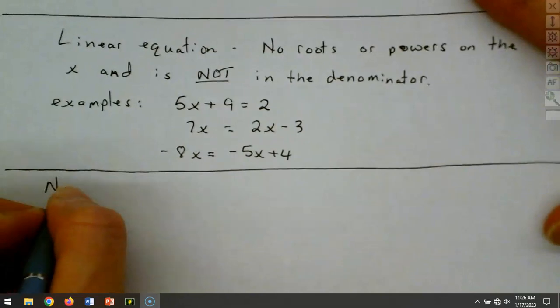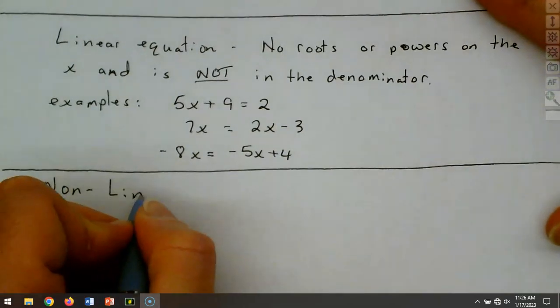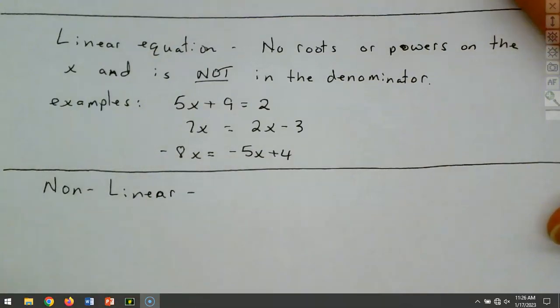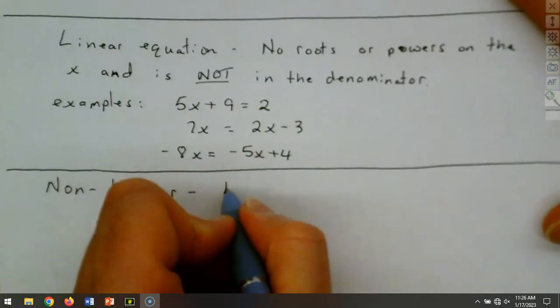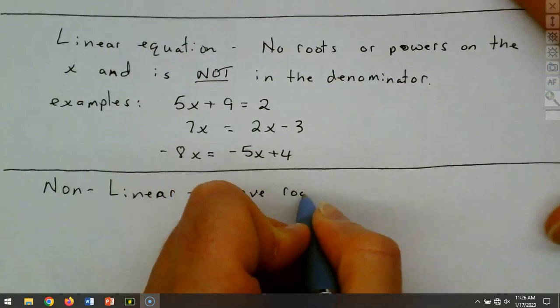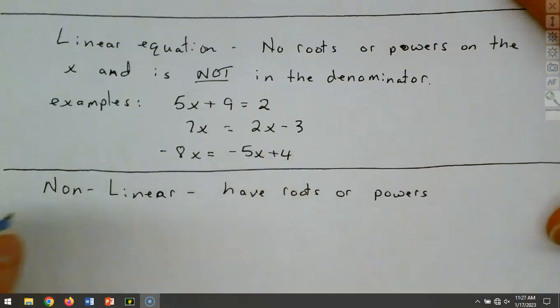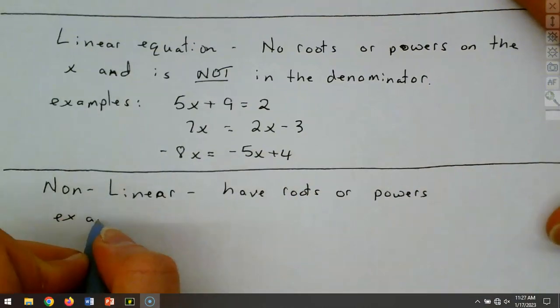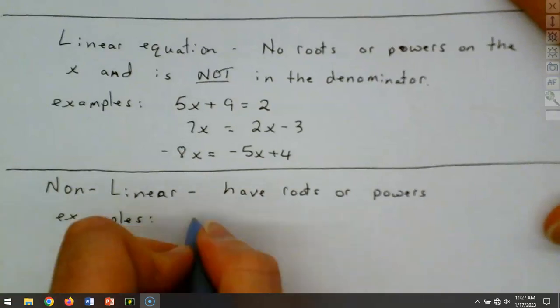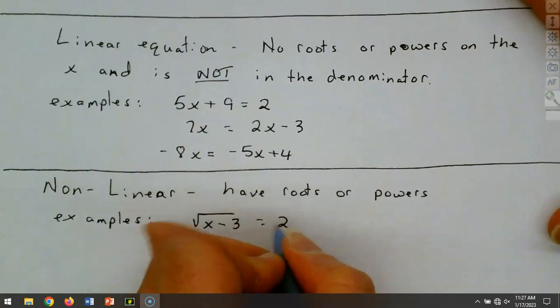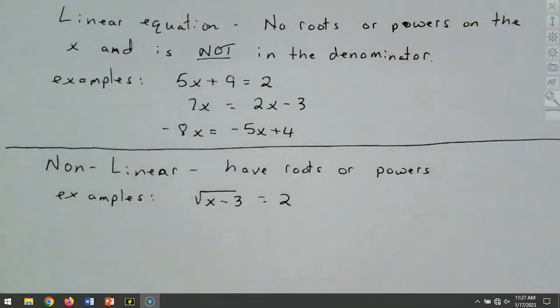What about nonlinear? Okay, nonlinear equations have roots or powers. It's easier if I just look at examples. So these are all nonlinear. The square root of x minus 3 equals 2. Why is that one nonlinear? It's nonlinear because it has a square root.